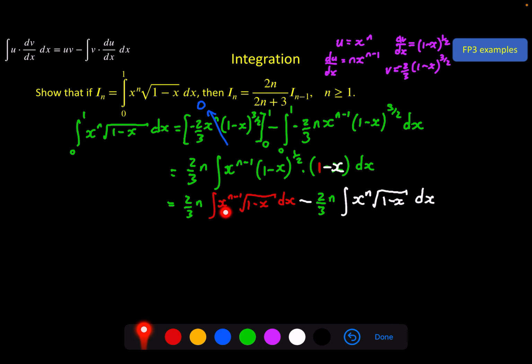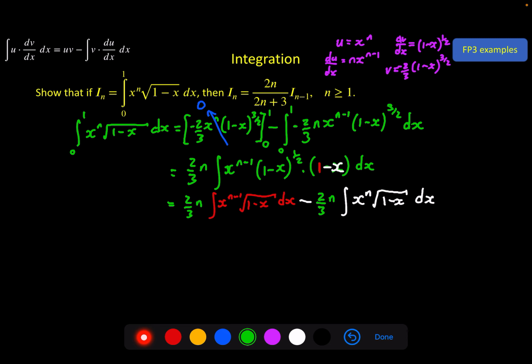Now I hope you can see that this is exactly in this form except for the n minus 1. So I can change this into I_{n-1}. And this bit in white is exactly the same as this. It is identical to this. So this bit in white can be written as In. And of course, the bit on the left can also be written as In.